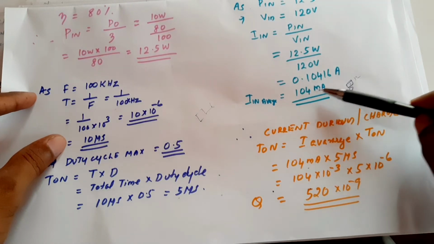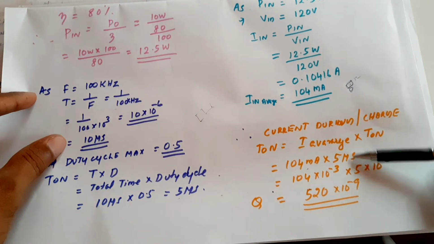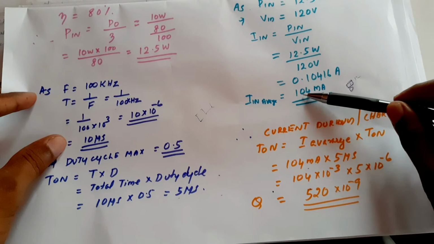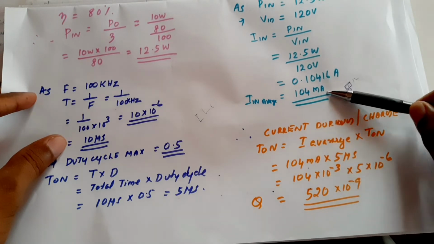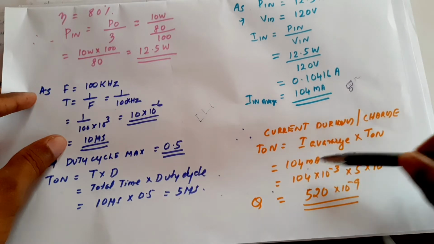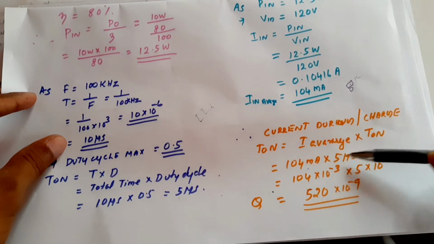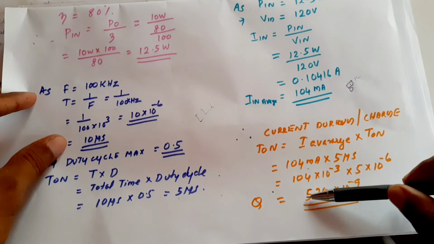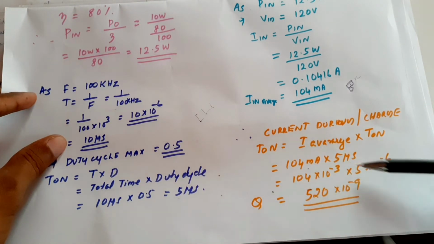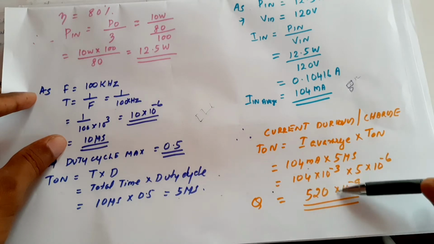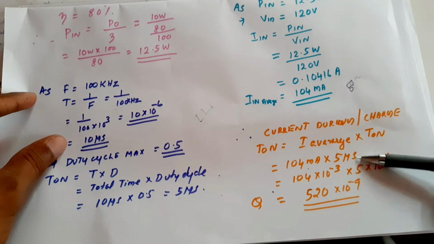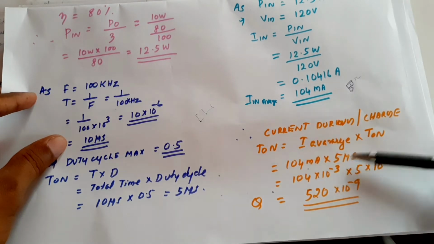If it is the current flow in 1 second, what will be the current flow when the transistor is on for 5 microseconds? In 1 second, 104 milliampere is flowing. So the charge in 5 microseconds is given by 104 milliampere into 5 microseconds. That will give the charge delivered by the capacitor, about 5000 into 10 raised to minus 9. This is the charge flown out of the capacitor during 5 microseconds.